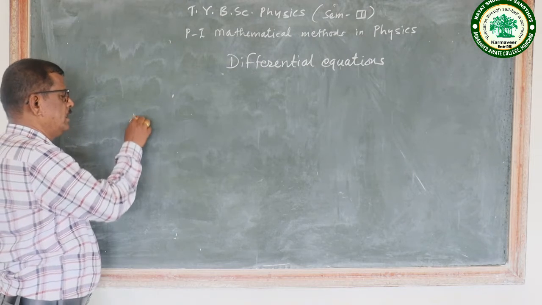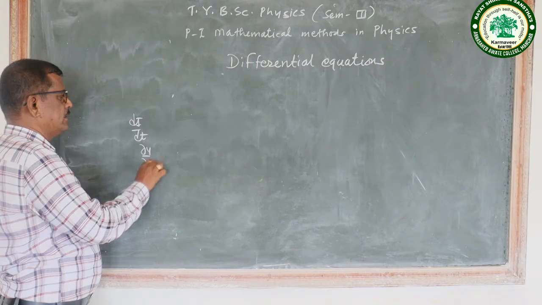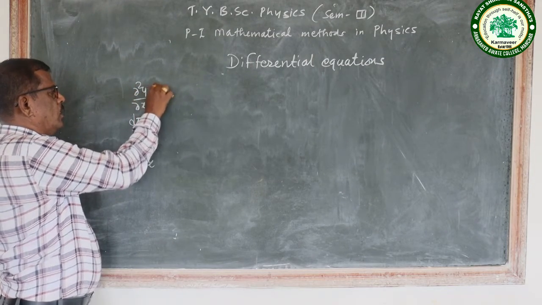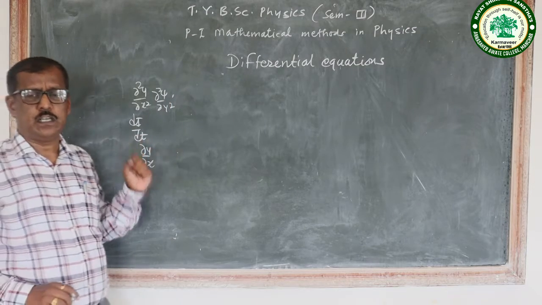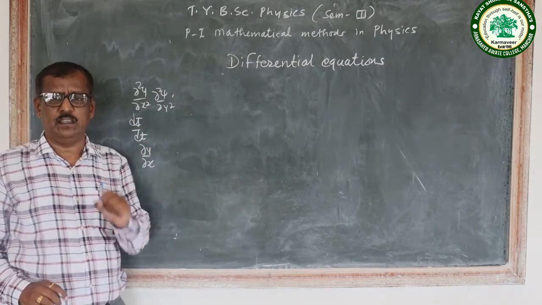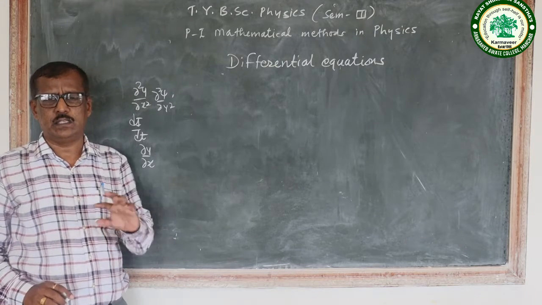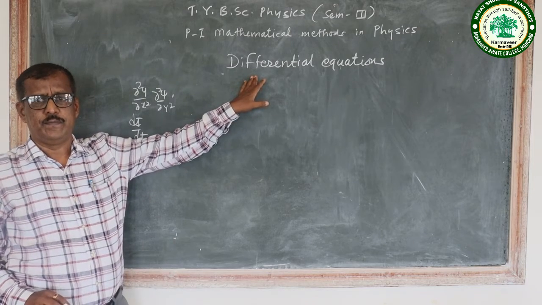Differential terms means what? Suppose dy by dt, delta y by delta x, delta 2y by delta x square, or delta 2 psi by delta y square. If such terms are present in the equation, then and only then we call such an equation a differential equation.